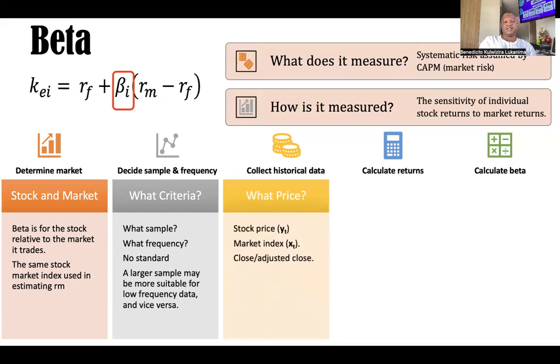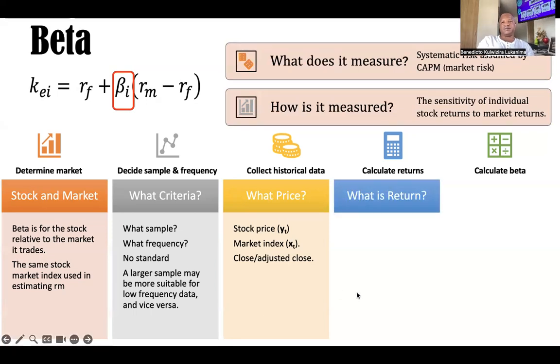And then we'll collect data. I'm going to define the stock price for a company as Y, T, because it is historical. T means time. And the market index as XT. Normally we use close or adjusted close. In this case, I will use close.